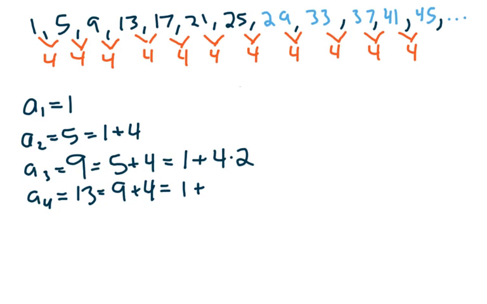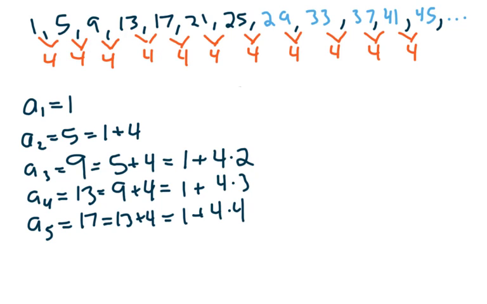And that's going to be 3 4s, right? And so you end up just counting how many jumps it took you to get from the beginning to where you were. To get from 13 to 17 is just 4 units, but to get from 1 to 17, it took 4 and 4 more and 4 more and 4 more. It took 4 4s.